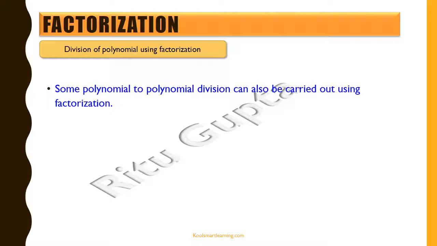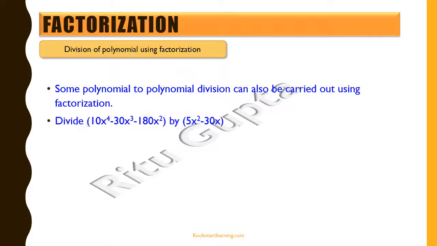In our algebraic expression division session, we talked about how to do polynomial to polynomial division using the long division method. Now we are saying that, instead of using the long division method, if you could do certain divisions using factorization, it may be a faster and smarter approach wherever possible. It may not be possible at all places, but wherever possible, this is definitely a much faster and smarter approach.